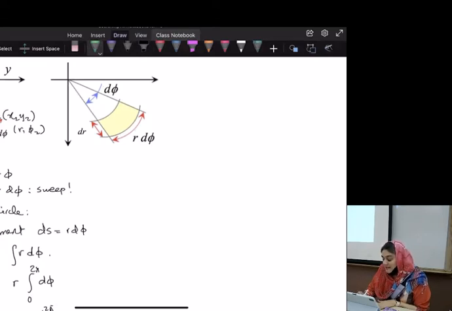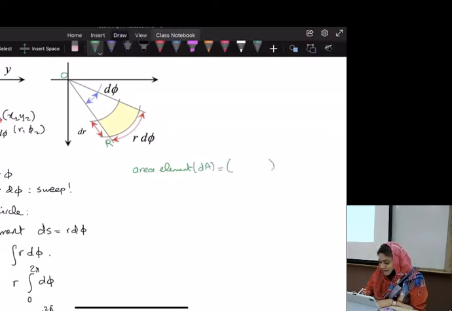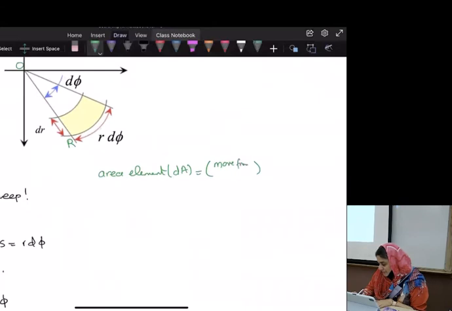So in this case, because we have the area element, think of a windshield wiper, right? You have to go from 0 to big R, and you also have to do your sweeping motion. So your area element, which I will call dA, will be a product of moving from 0 to R and our sweep.